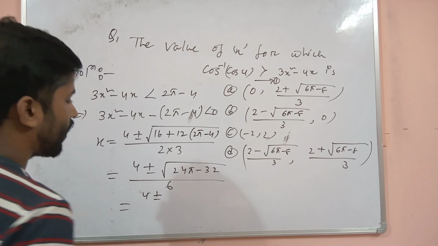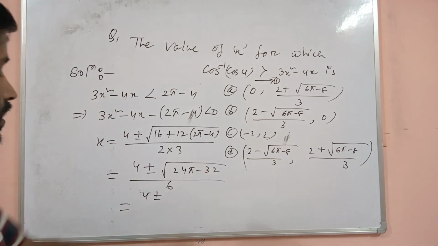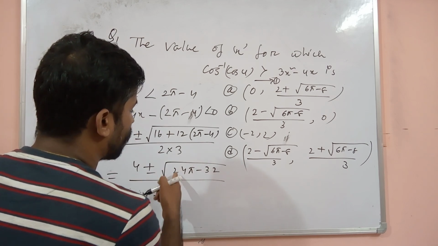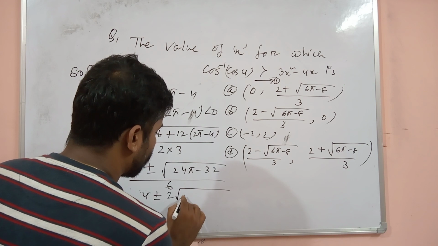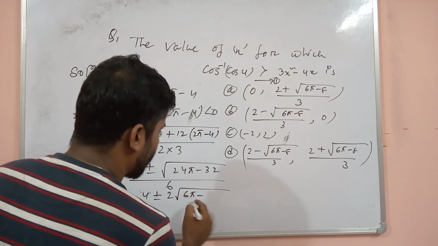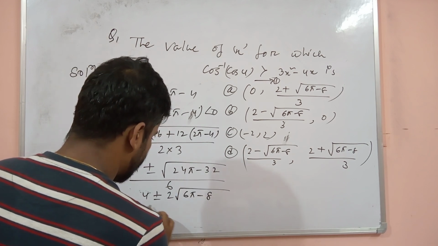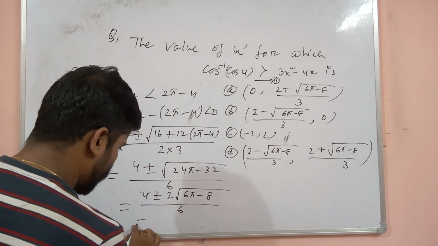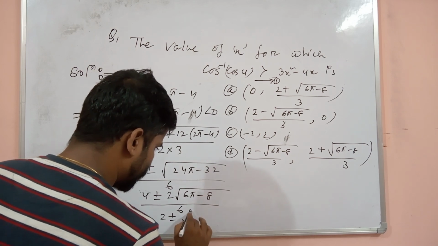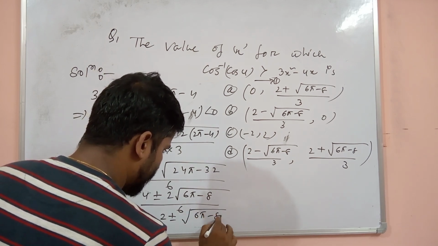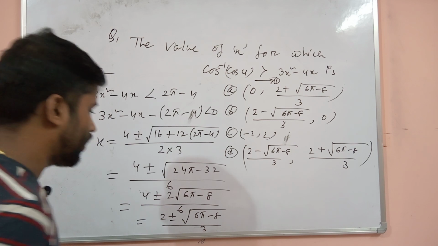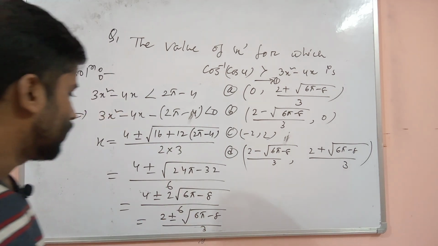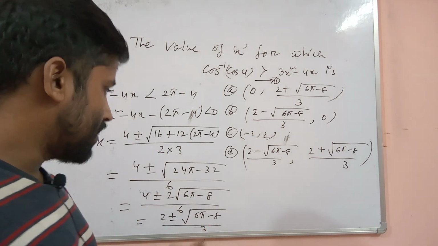So 4 plus minus, as 4 is common here, 4 times 6 pi minus 8, by 6. So after cancellation we shall get 2 plus minus root of 6 pi minus 8, divided by 3, okay? So its max value is 2 plus this by this, and min value is 2 minus this by this.